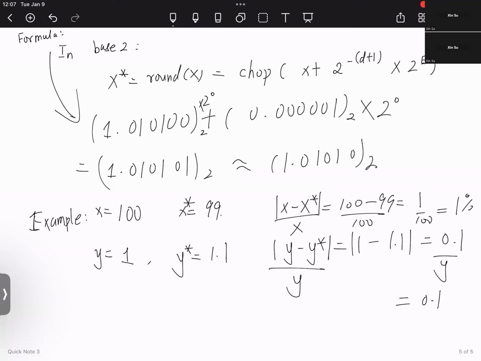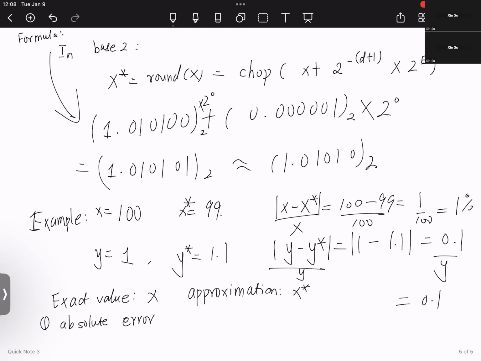So let me give you the definitions here. Suppose we have two numbers: this is the exact value x, and the approximate value is x star. We define the absolute error in this way: the absolute value of the difference.